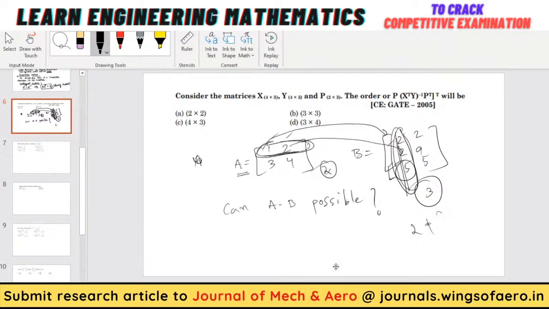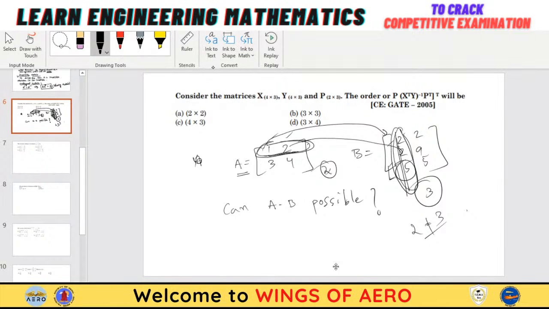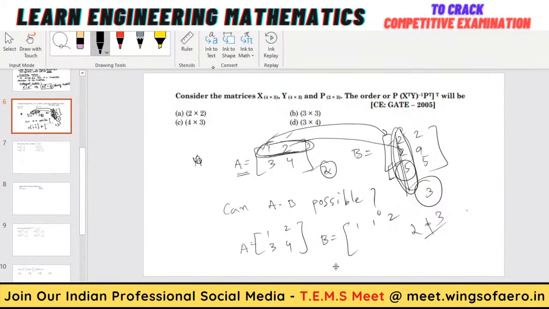So 2 is not equal to 3, so we can't multiply these two matrices. Remember this always. Secondly, suppose A is 1, 2, 3, 4 and B is 1, 1, 2, 2, 5, 5, 1, 0, 1.